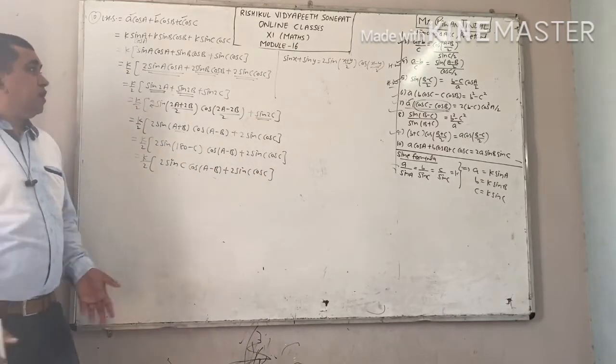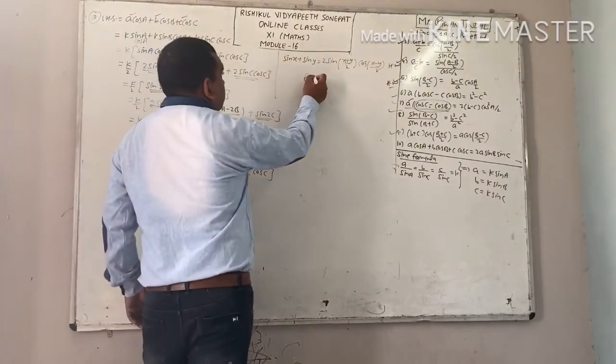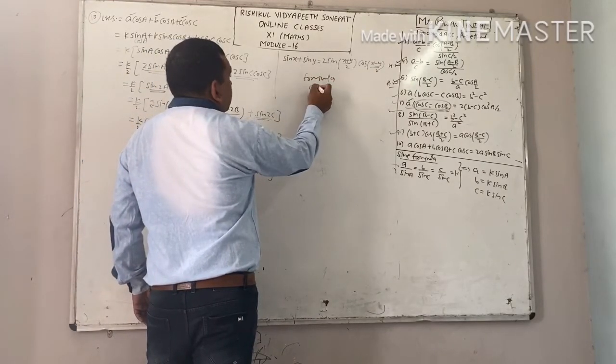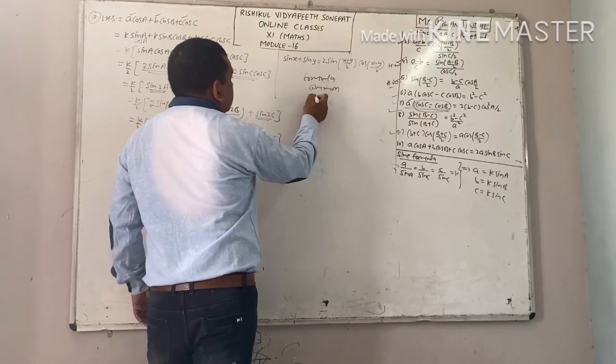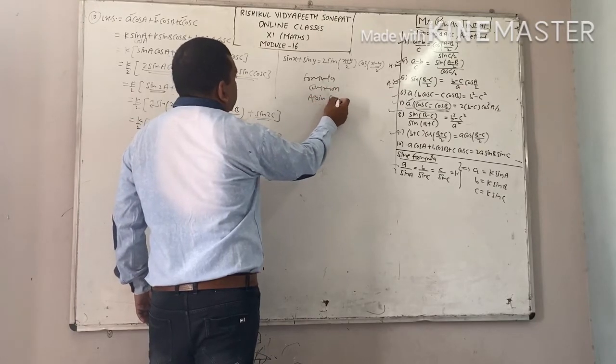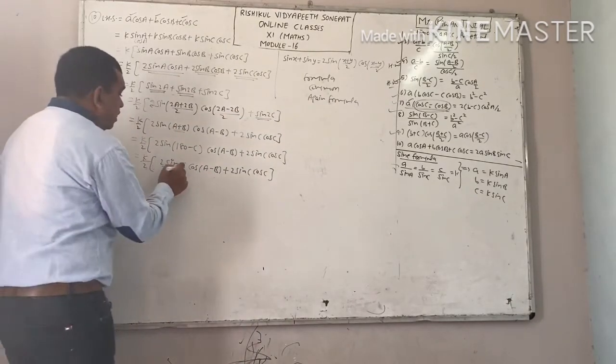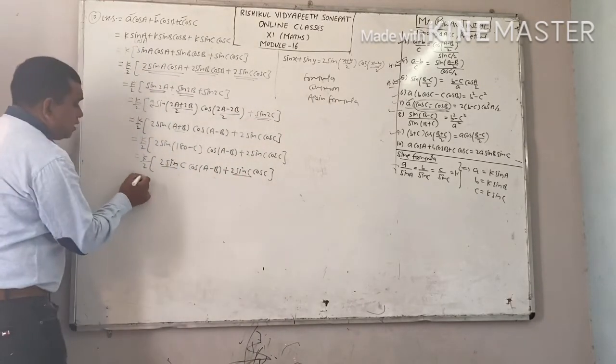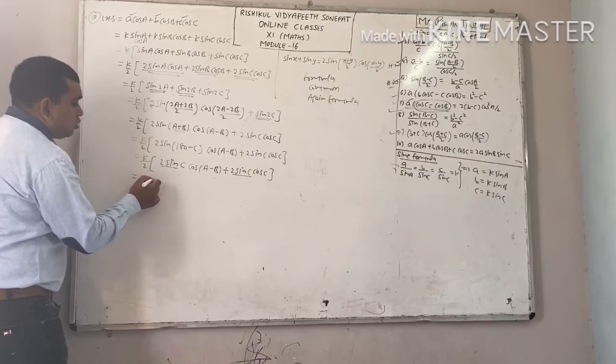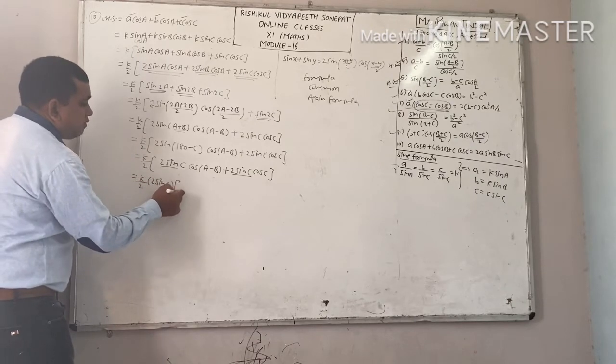Now after formula, I told you this three-step method: formula, common, again formula. Same concept we are applying here. First step we have applied the formula. Second step, take common. This 2 sin C is common. Take 2 sin C as common. See what is left?